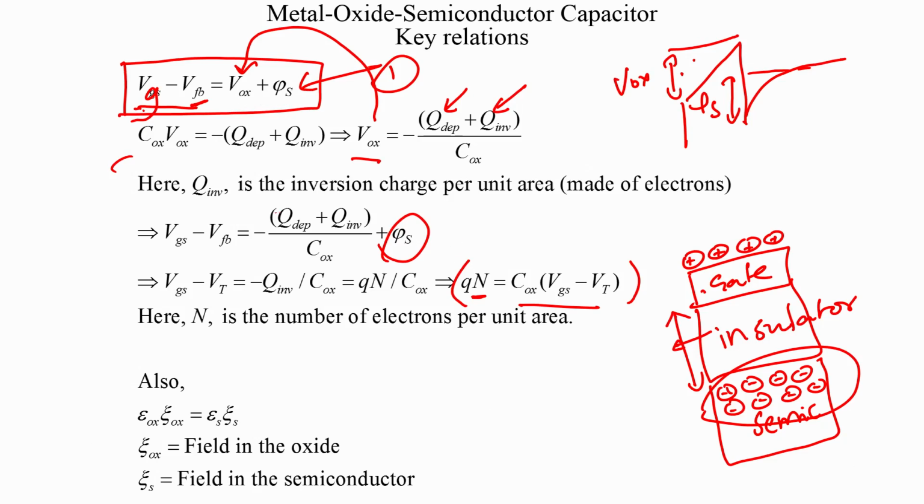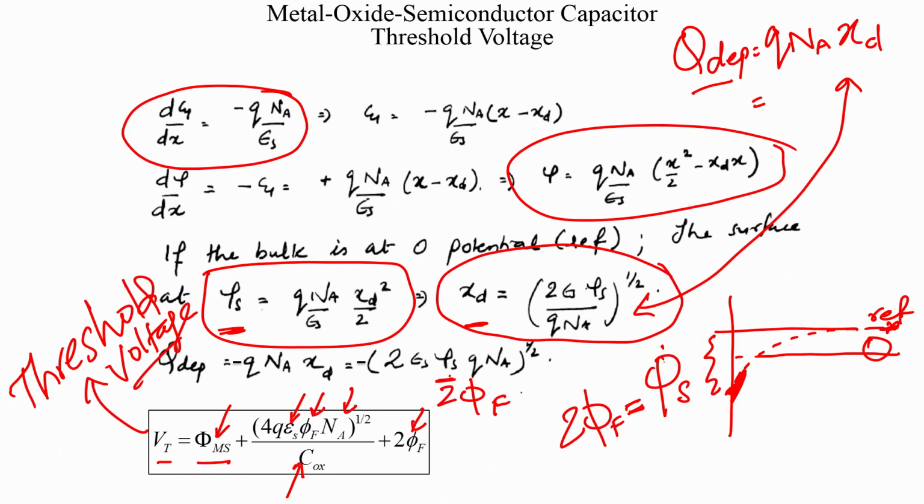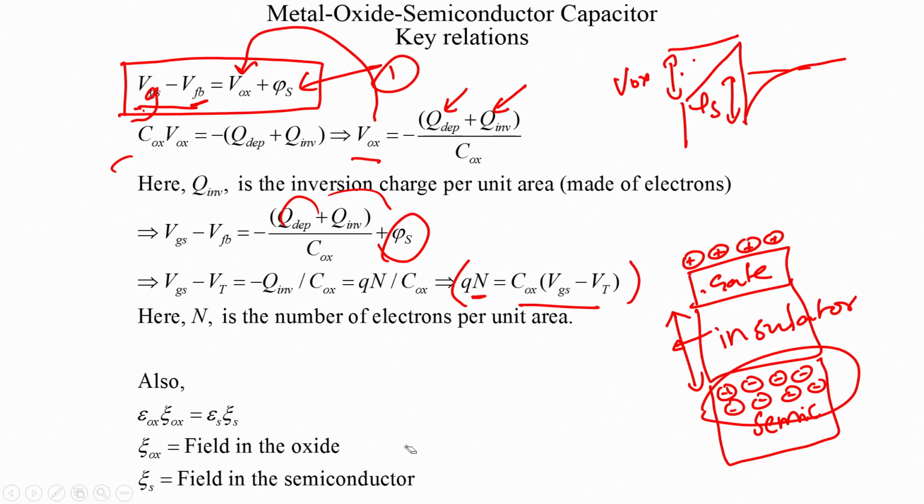Vox is all this term, but we cannot calculate it without calculating phi s, because your Q depletion is also dependent on phi s. So you see it is a quadratic relation. Your Q depletion does depend on phi s, and you also have a phi s there. So, we need another equation.